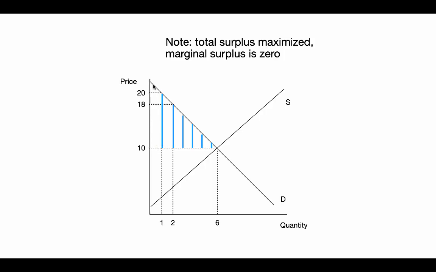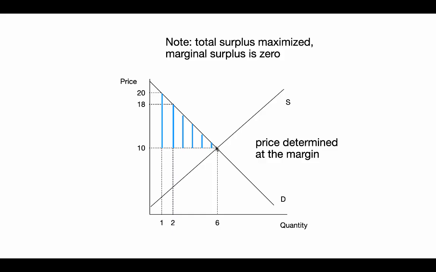If someone has the absolute highest willingness to pay for that good, they get the most consumer surplus, but then someone else gets a little bit less and a little bit less. If we go out to equilibrium, we're going to maximize the total surplus, but in marginal terms, that last person, that marginal buyer, is basically breaking even.